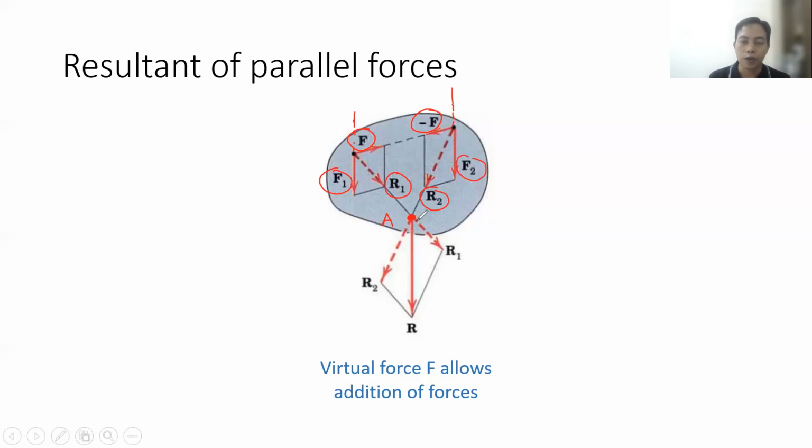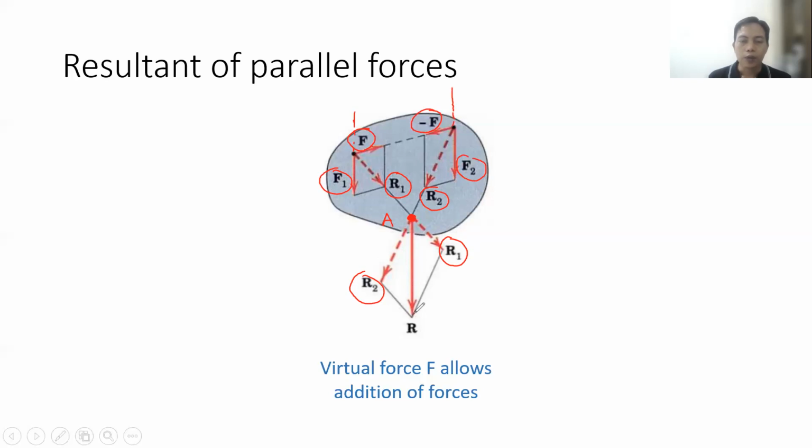So this common point of application also applies for F1 and F2. Now we have R1 and R2 starting from this point of application. That means we can draw the resultant of R1 and R2 from this common point of application, point A.